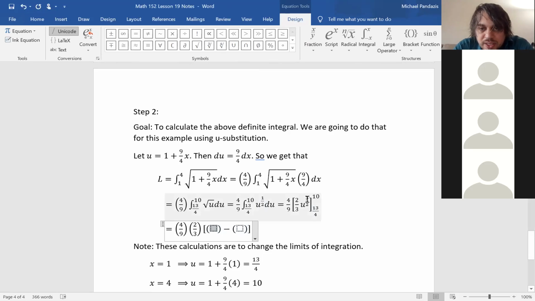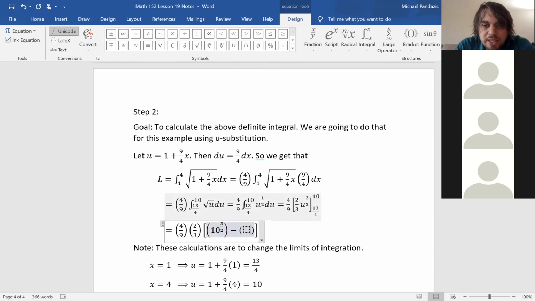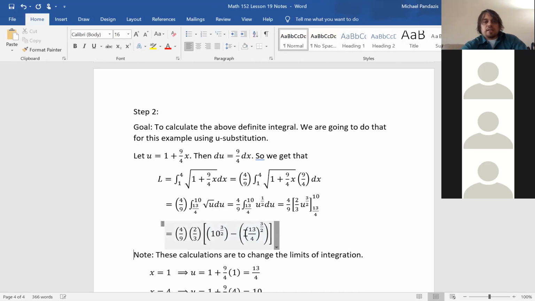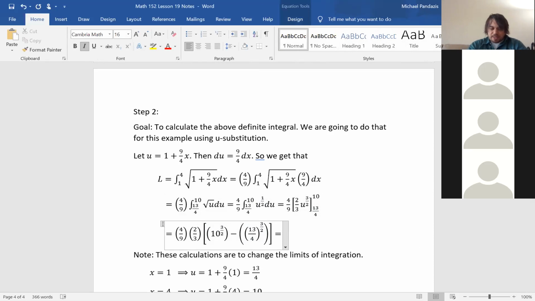When you plug in 10, you have 10 to the 3/2, minus 13/4 raised to the 3/2. So you have 4/9 times 2/3 times u to the 3/2 evaluated from 13/4 to 10. So it's 10 to the 3/2 minus 13/4 to the 3/2, and you calculate all of that. And you have 8 over 27.